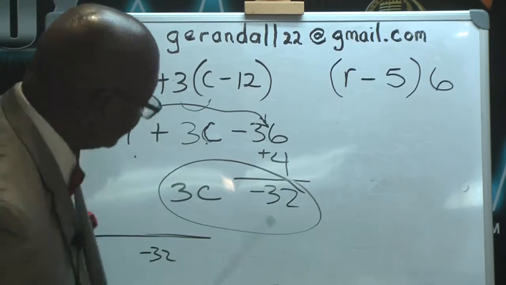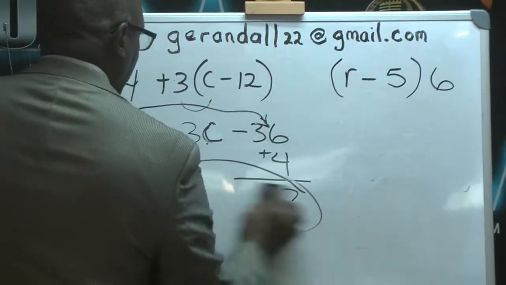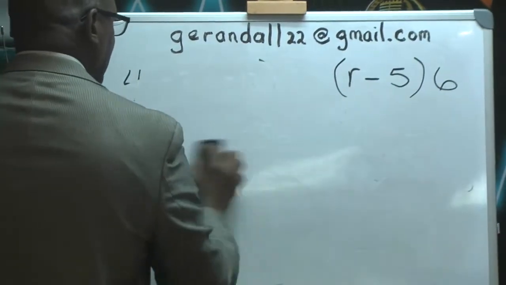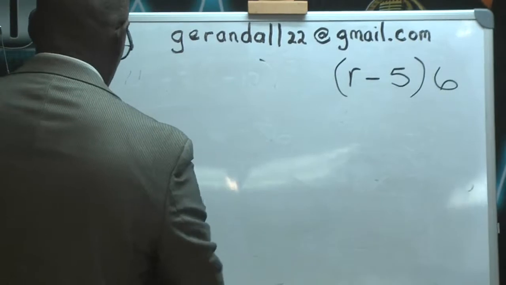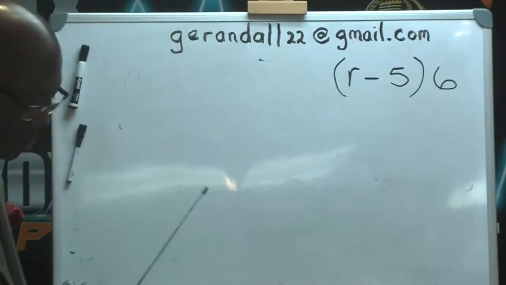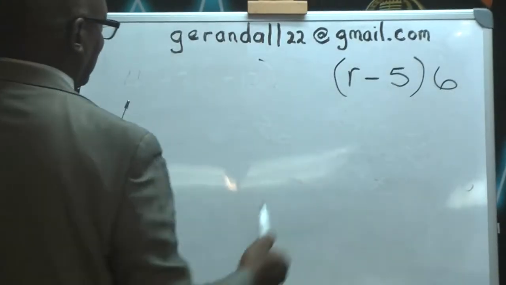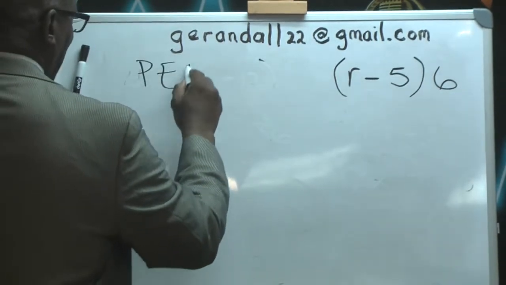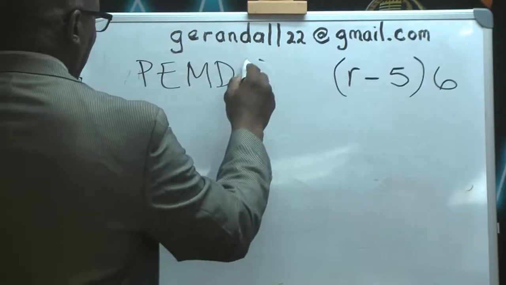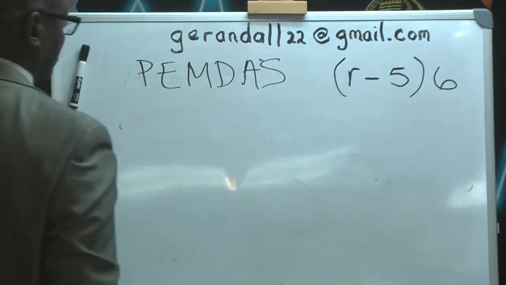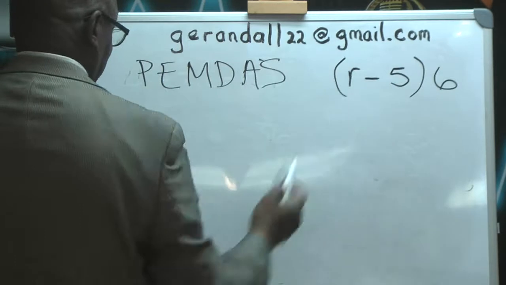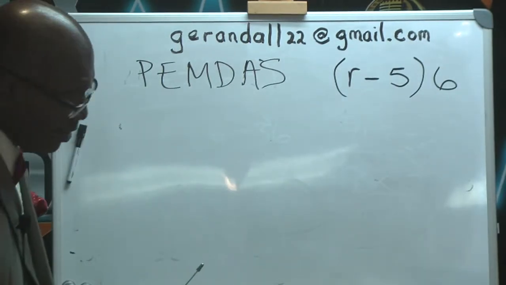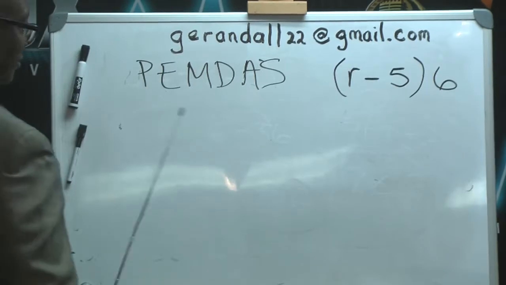Let's look at the other one. And that's simpler. And again, we have parentheses. If you remember, please excuse my dear Aunt Sally says do the parentheses first, can't do them because R and 5 are not like terms.